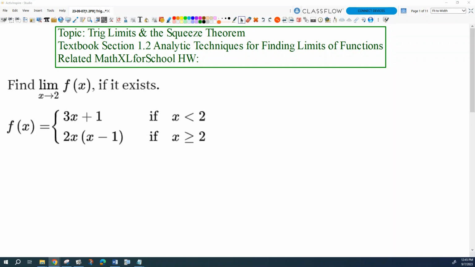How would we do this? What do you think? This is a little different than the stuff we've been talking about, right? Because normally our first step is always just to evaluate directly, right?